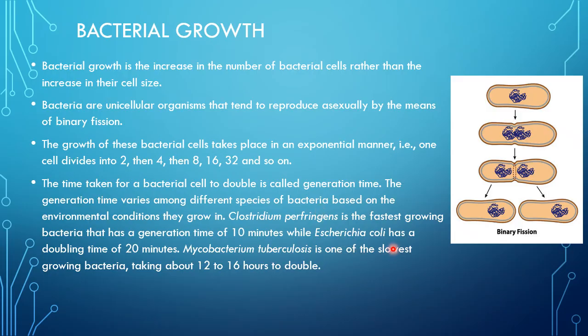Escherichia coli takes about 20 minutes to double. Mycobacterium tuberculosis is one of the slowest growing bacteria, taking about 12 to 16 hours to double. So just imagine, it can be minutes for some bacteria, and even hours for others.